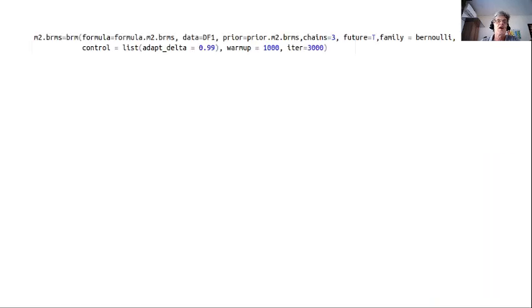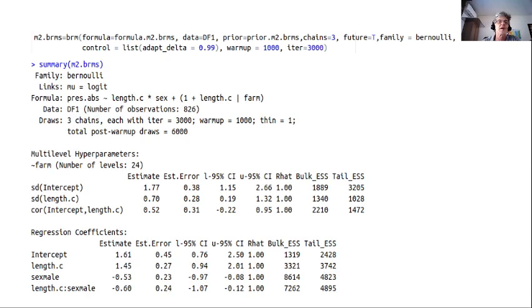So I fit the model, and the model is with this formula that is the one shown before.